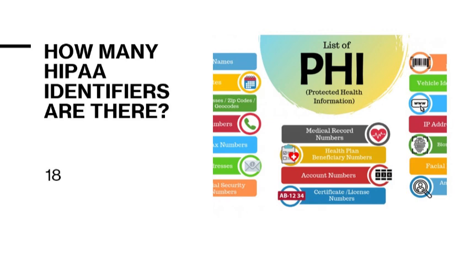The 17th identifier is full face photographic images and any comparable images. And the 18th identifier is any other unique identifying number, characteristic, or code, except for permissible re-identification. Those are the 18 identifiers characterized as identifying information in health information.